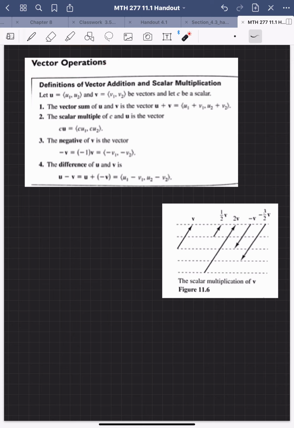How do I combine vectors? How would I add them, multiply them, subtract them, scale them, etc.? The vector operations we're going to go through very quickly.